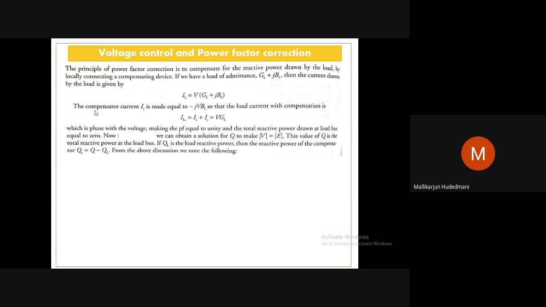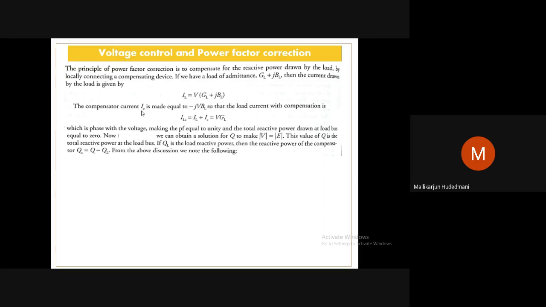Then definitely the compensator should see to it that the susceptance is cancelled off. So jBL has to be cancelled. How do we do it? V into GL, V into jBL. The negative of V into jBL is to be applied such that this term cancels off.